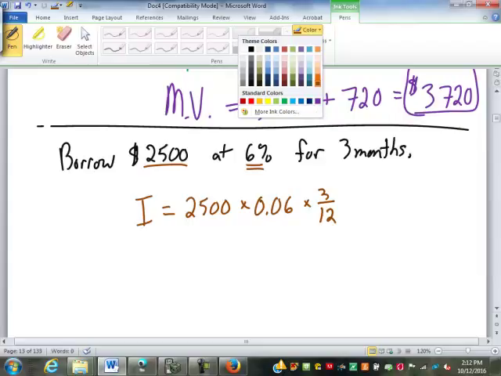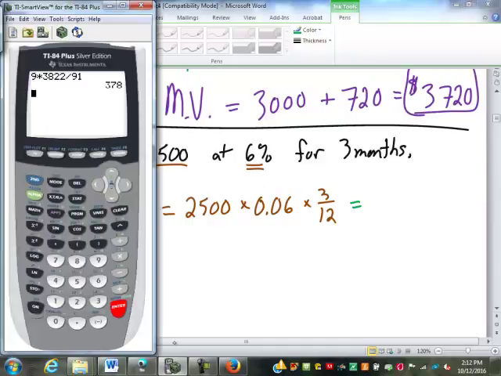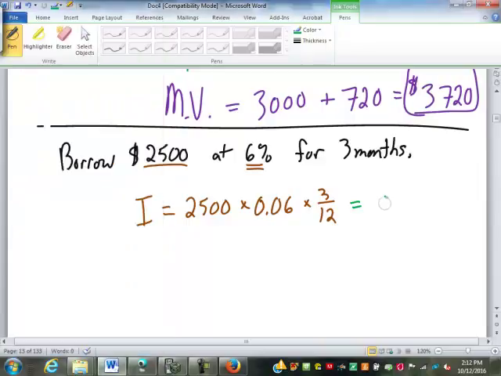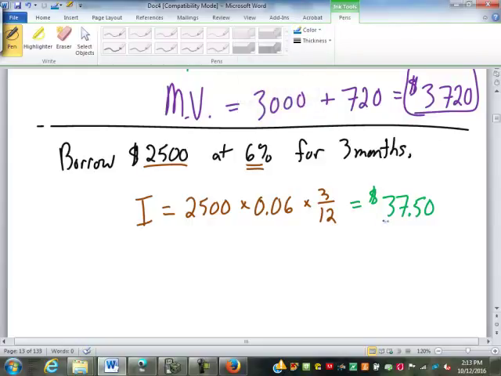So now to enter this into the calculator, I don't have to worry about that being a fraction. I'm just going to enter in 2,500 times 0.06 and times 3 divided by 12. So $37.50 interest. So to have that $2,500 for 3 months to pay my employees, it cost me $37.50 interest.